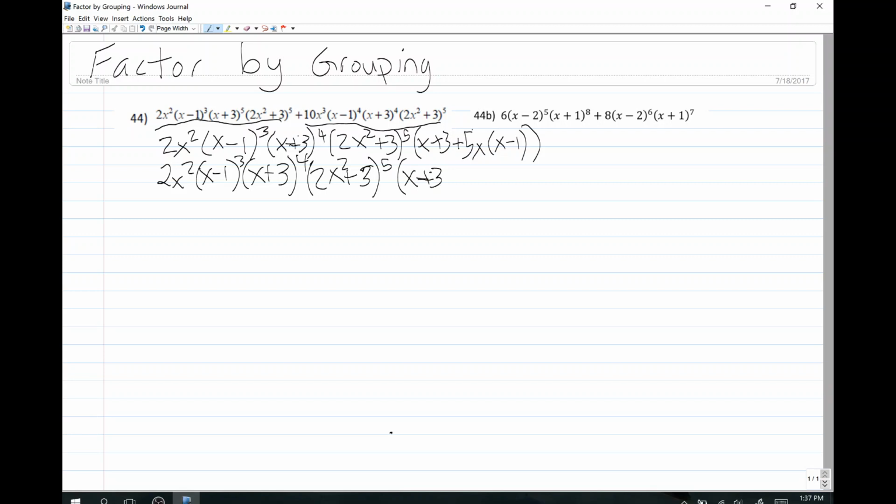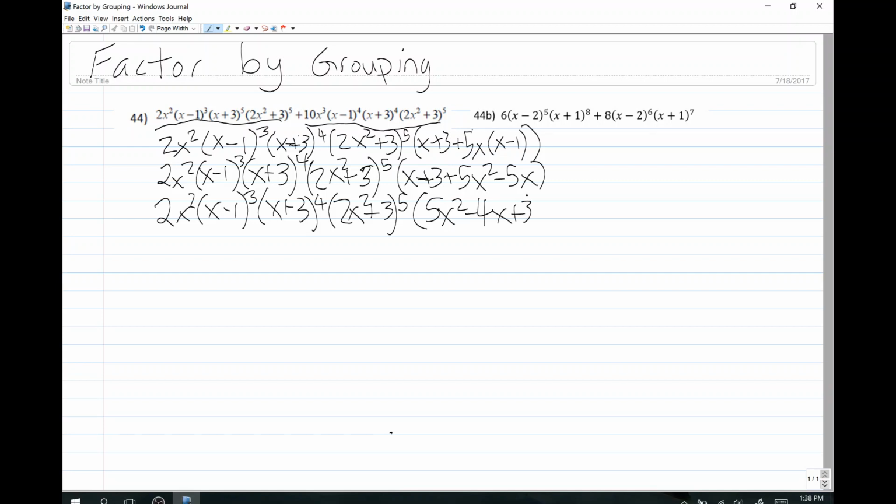X plus 3 plus 5x squared minus 5x. And one last step, 2x squared times x, all this garbage. And now I can simplify this final one: 5x squared minus 4x plus 3.